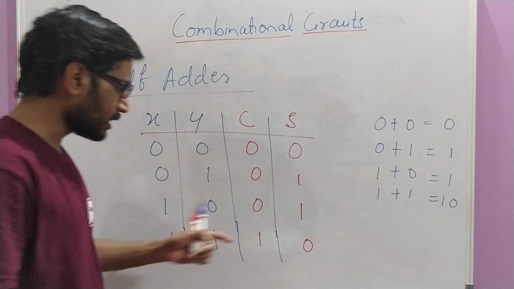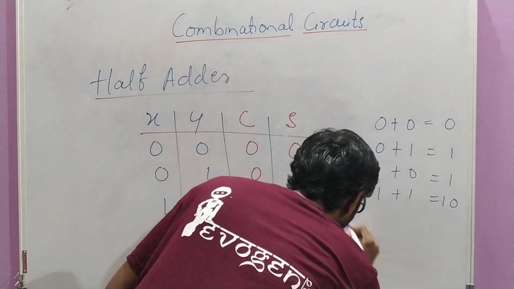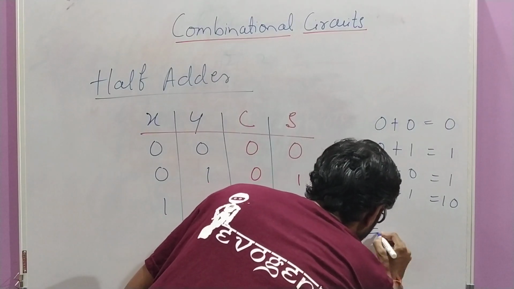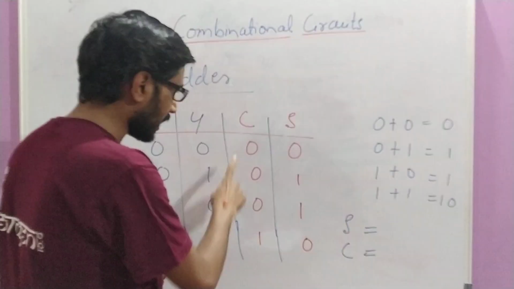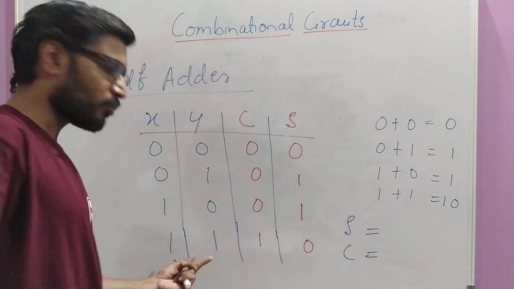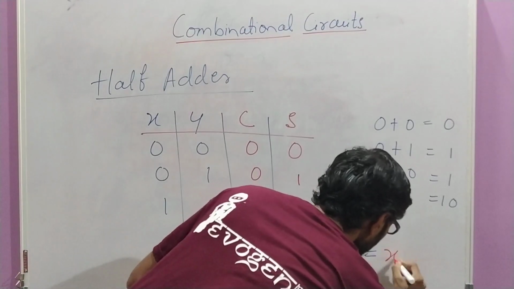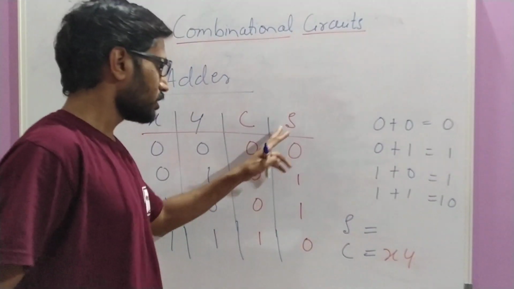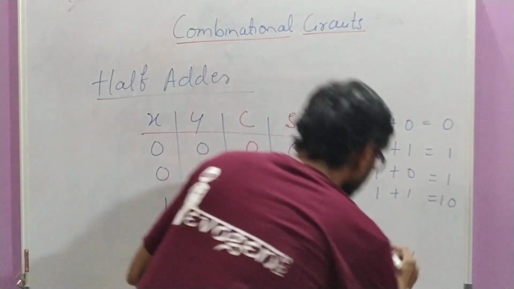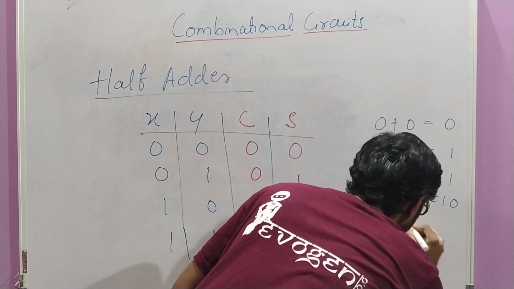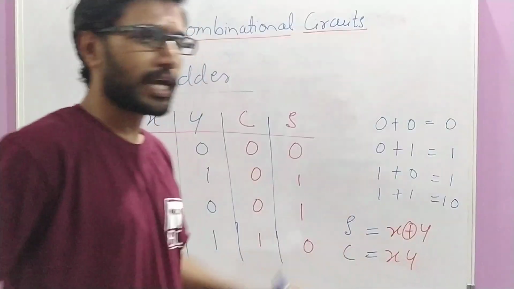So we can write the expression for the sum and the expression for carry. As I said, carry can be obtained by using one AND gate, so the expression will be xy. And for the sum, this will be x XOR y, that is the XOR gate.